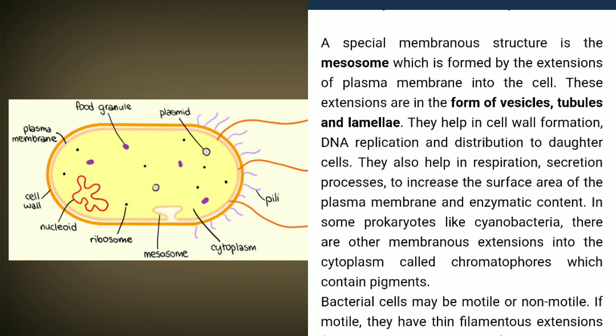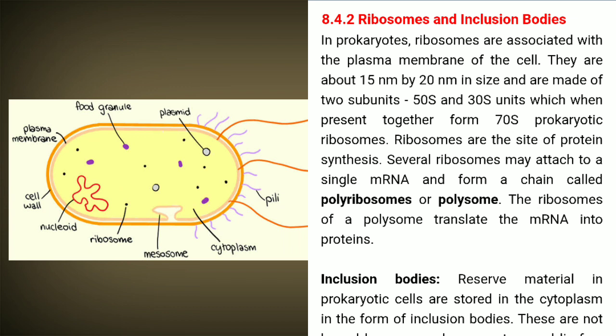Then the prokaryotic cell bears a very important structure called the ribosome. Ribosome is the only cytoplasmic organelle found in all prokaryotic cells. In prokaryotes, ribosomes are associated with the plasma membrane of the cell, or they can remain freely in the cytoplasm.